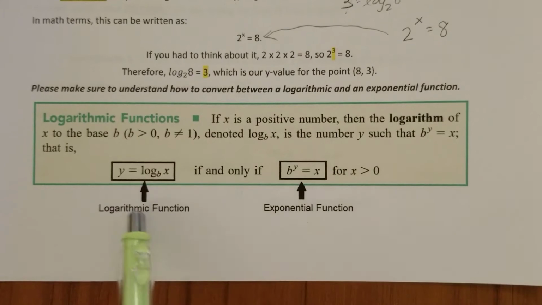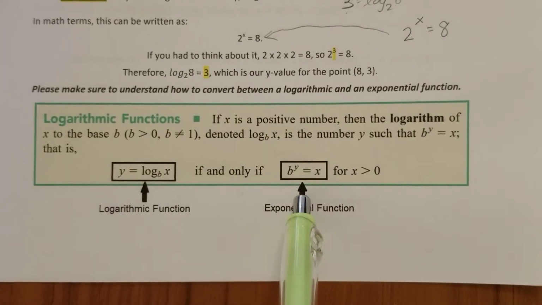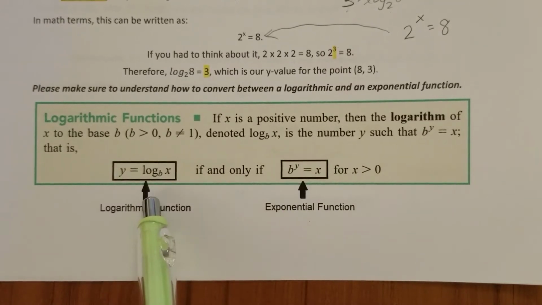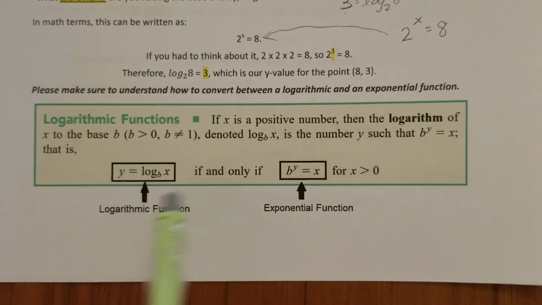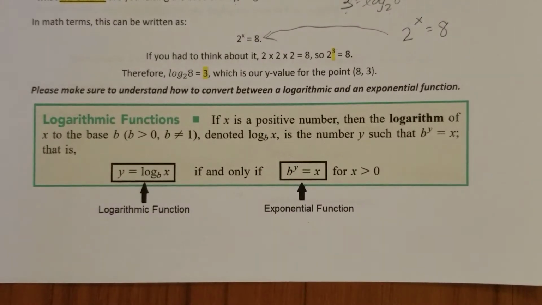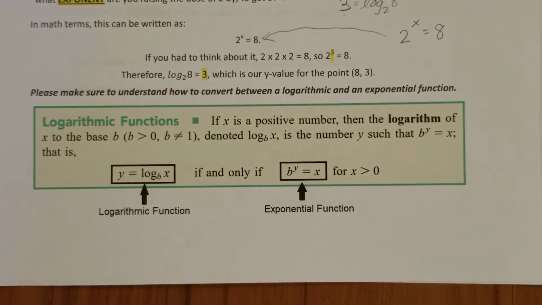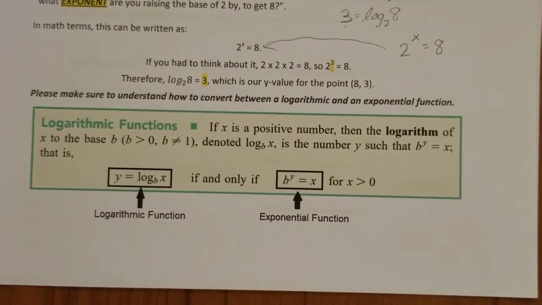These two forms are interchangeable, so you can change this to look like this, and this to look like this. We'll probably focus more on how to convert between both forms in the next packet that I give you, but I just wanted to get you used to that idea.